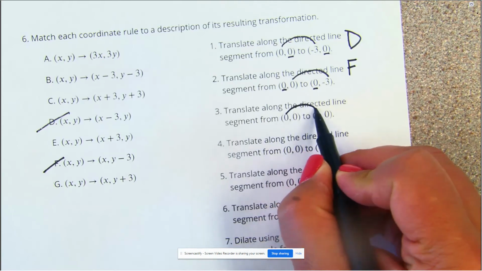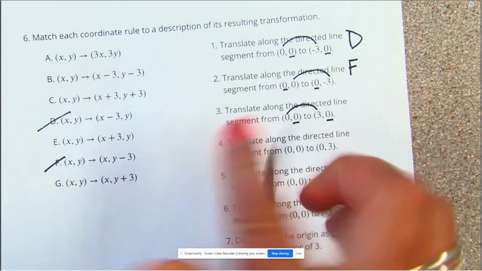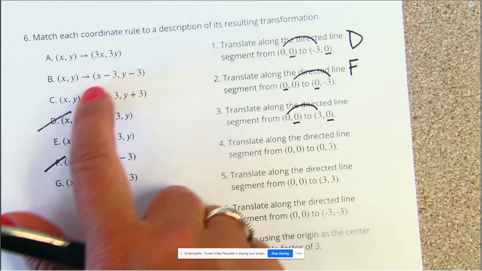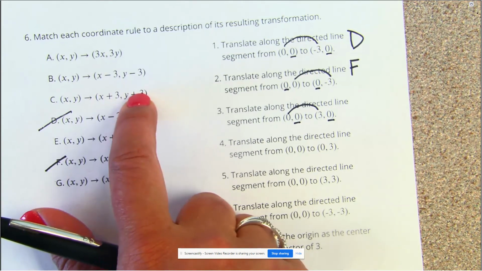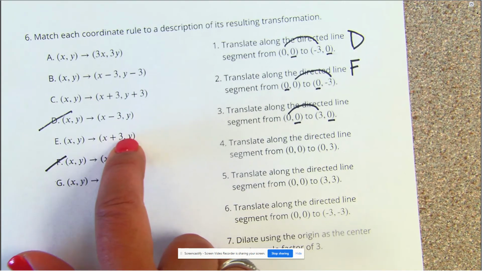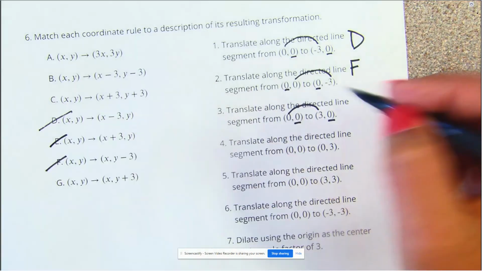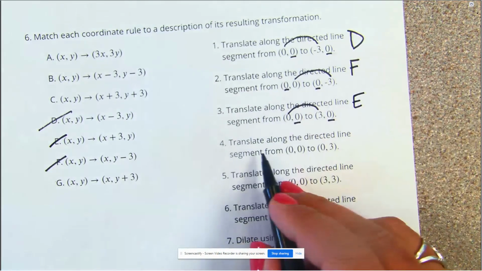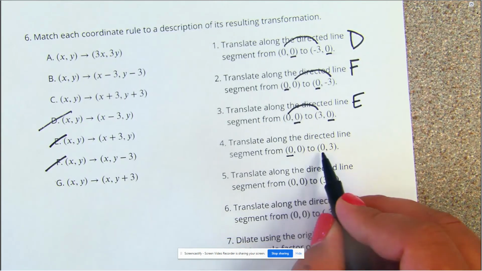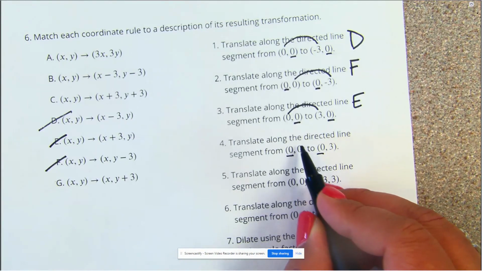Add 3 in the x, no change in the y. There it is, E. Okay, no change in the x, add 3 to the y.